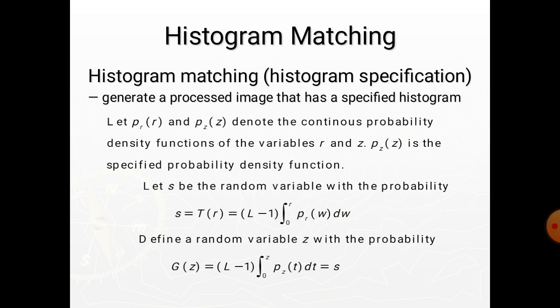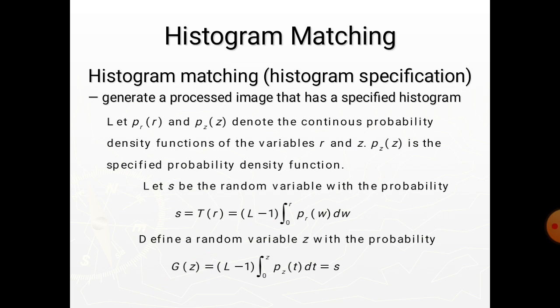In this notation, r and z denote the gray levels of the input and output images respectively. We can estimate p_r(r) from the given input image, while p_z(z) is the specified probability density function that we wish the output image to have.